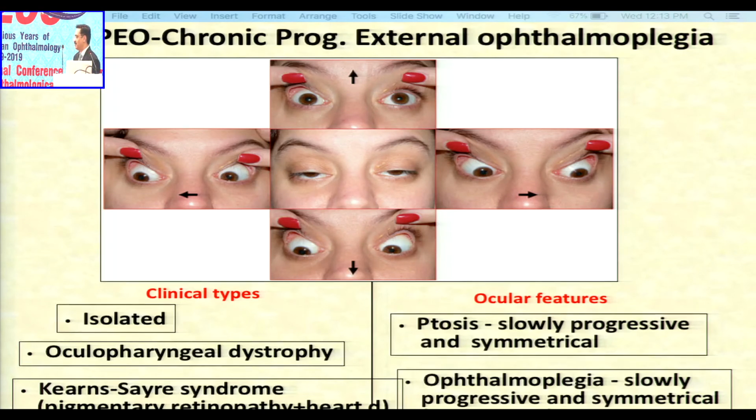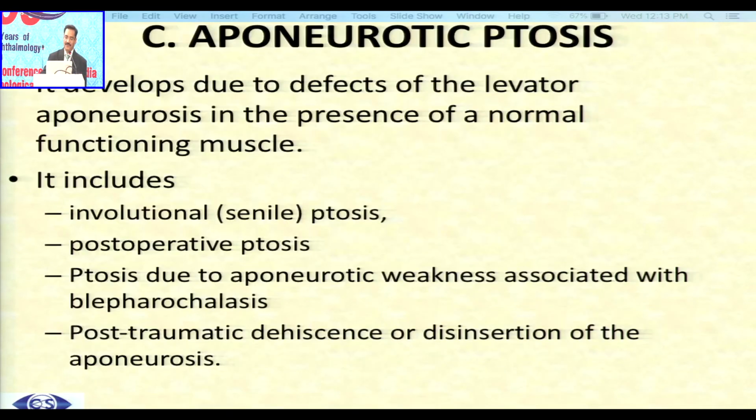One important syndrome is Kearns-Sayre syndrome. Here you have pigmentary retinopathy with conduction heart problems along with CPEO. So Kearns-Sayre syndrome is a triad of pigmentary retinopathy, RP-like syndrome, with heart problems along with eye problems. And as I told you, it is a symmetrical disease, so there is no diplopia in this particular condition.